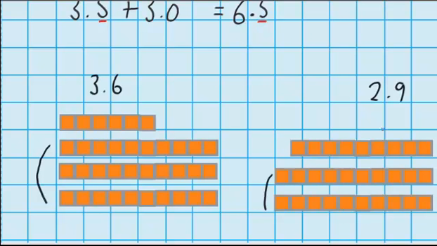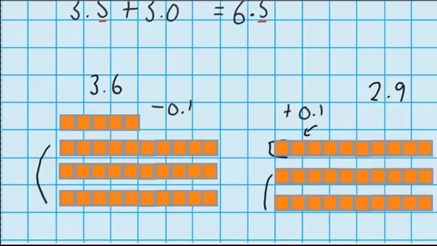Now what I wanted to do is change this amount here, these 9 tenths, into another whole. So you can see all I need is one more. So I came over to this side, took this tenth, and moved it over to here. So you can see this side got smaller by 1/10, and this side got bigger by 1/10.